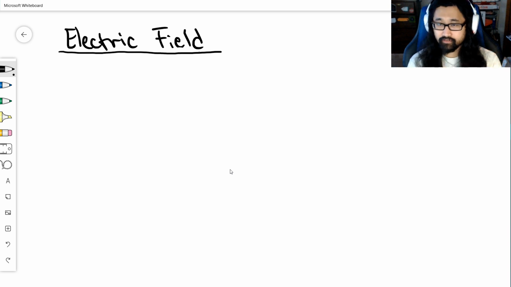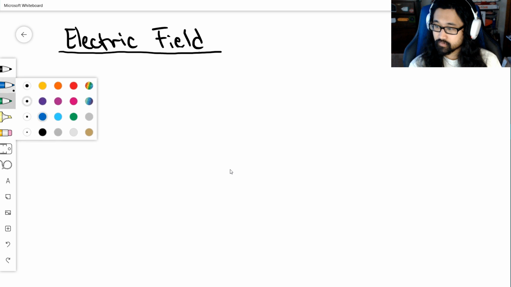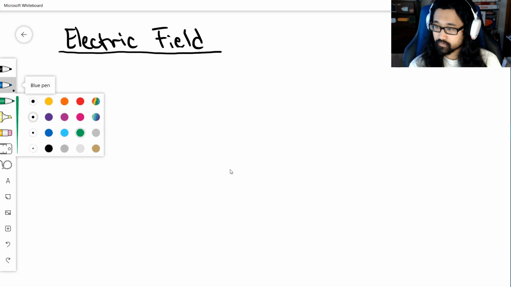We have this nice visual that we like to use for an electric field. Let's go with blue.